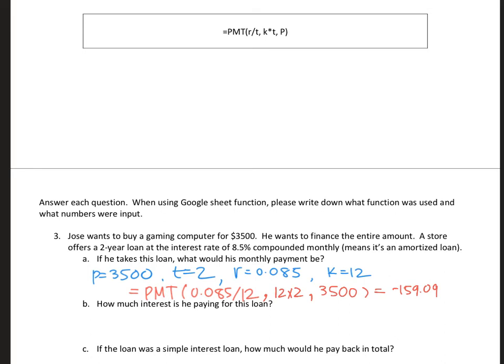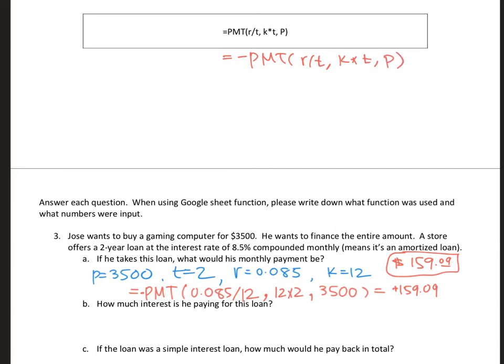So what we do is you can put a negative sign here, then it'll come out positive, or you can just ignore the negative and say it's 159.09. So my monthly payment is going to be $159.09. Maybe I should put an extra negative: PMT of R over K, K times T, and then P.